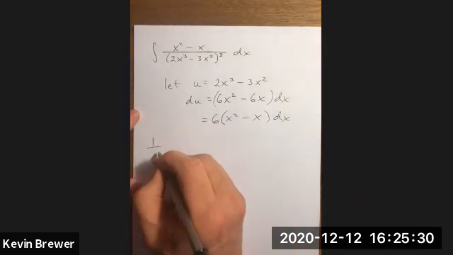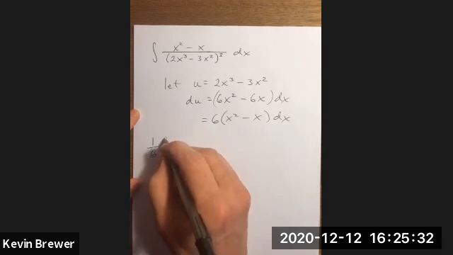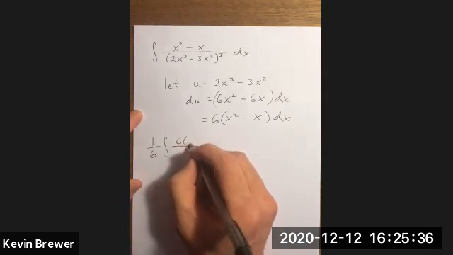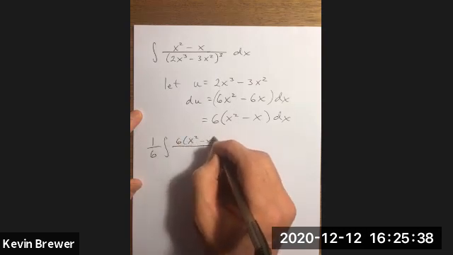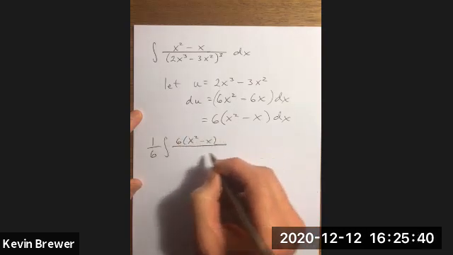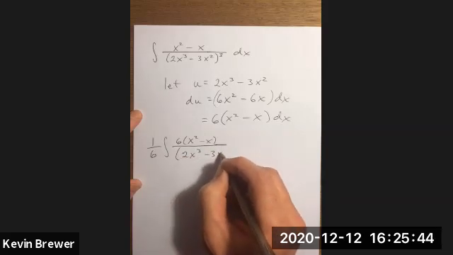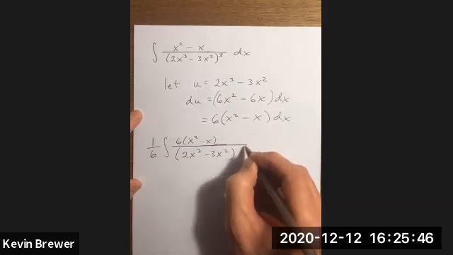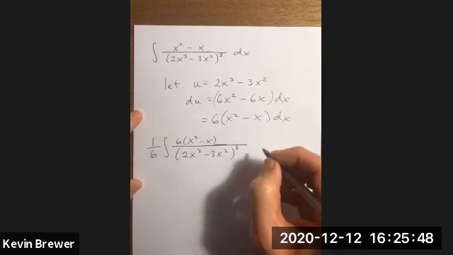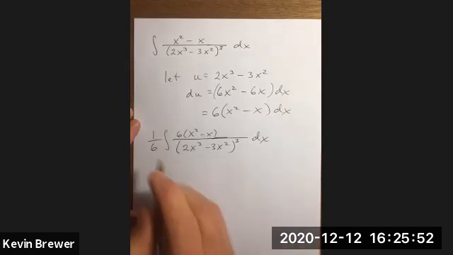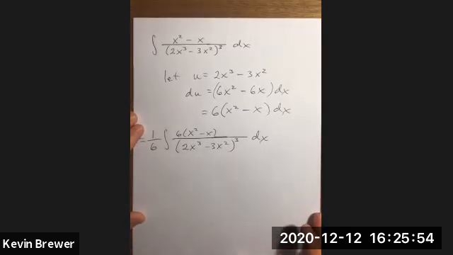So we do the same thing we've done before. This is 1/6 times the integral of 6 times x squared minus x, on the bottom 2x cubed minus 3x squared, cubed, dx. And there we have the integral that we wanted to see.